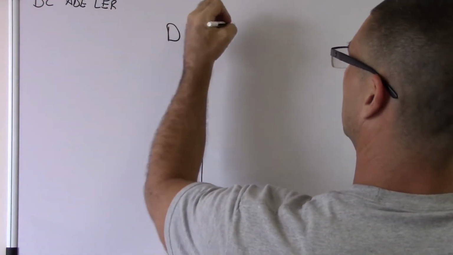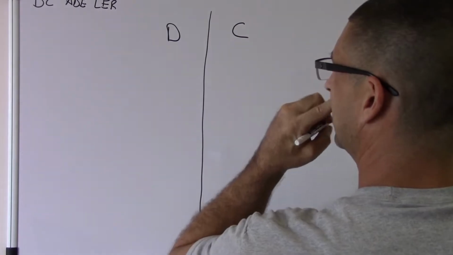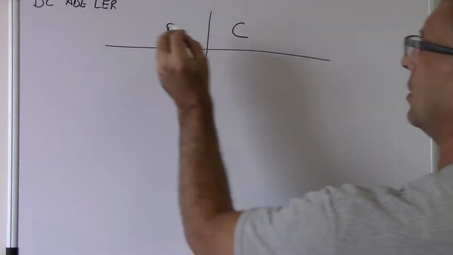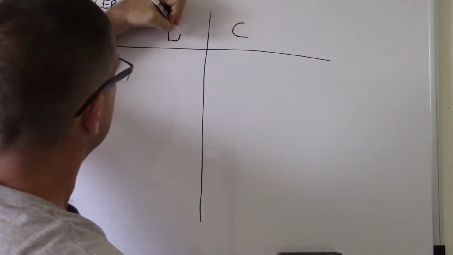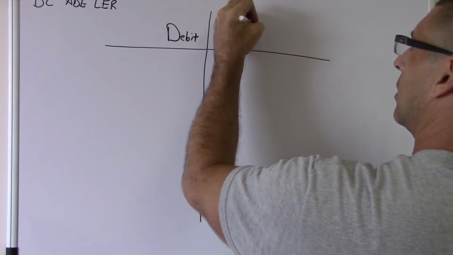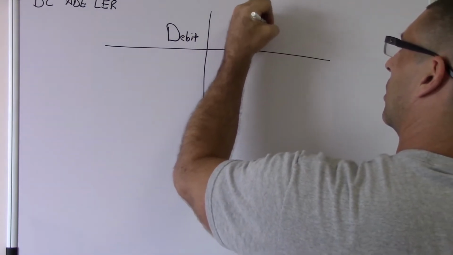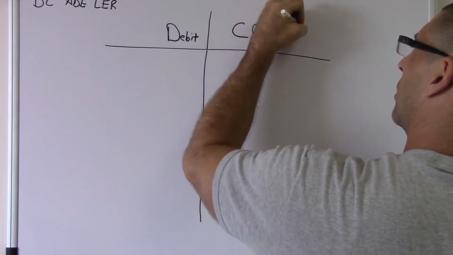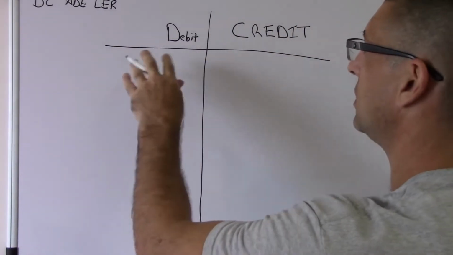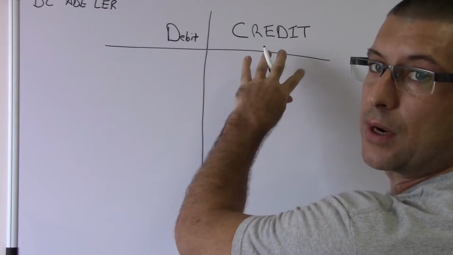The C is for credit. Now in accounting, these are always going to equal. Debit's going to equal the credit.